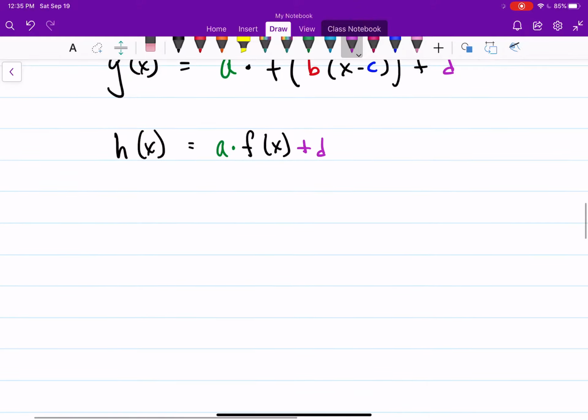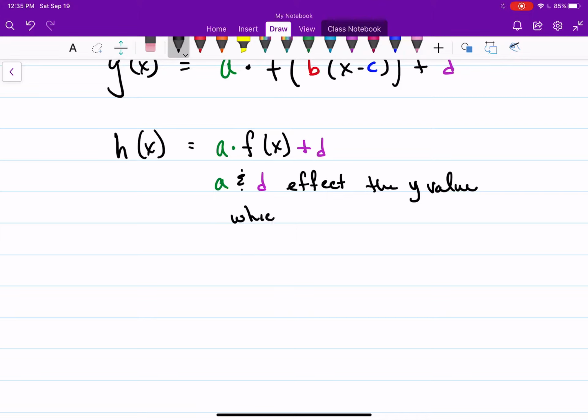So that means a and d affect the y value, which means it's everything vertical. Makes sense? So it's going to affect everything vertical.